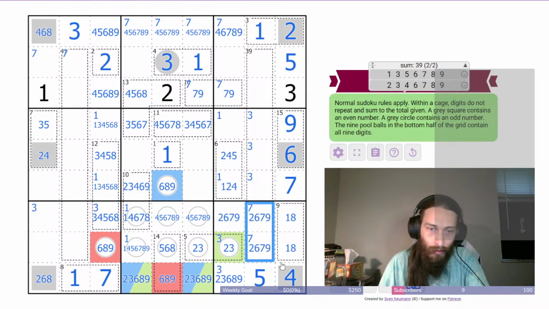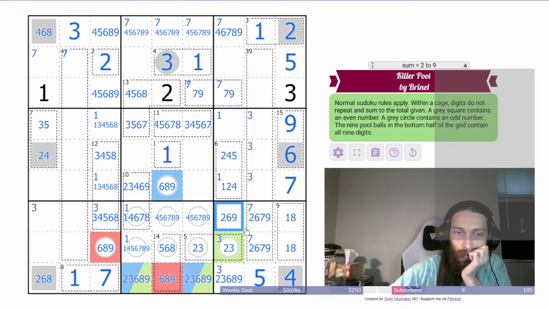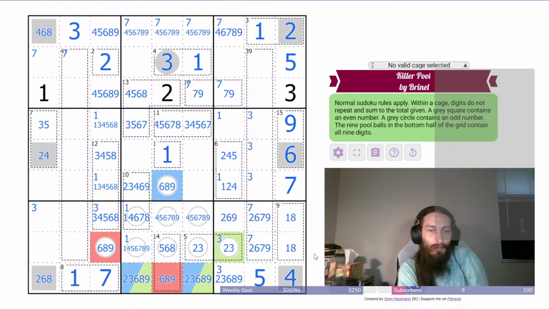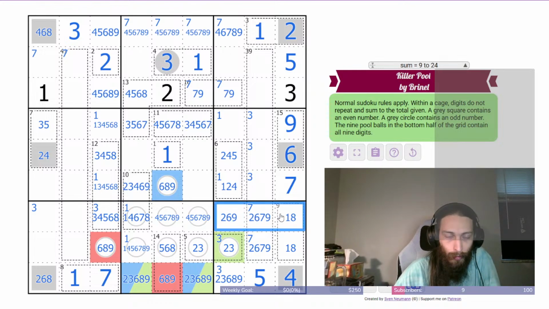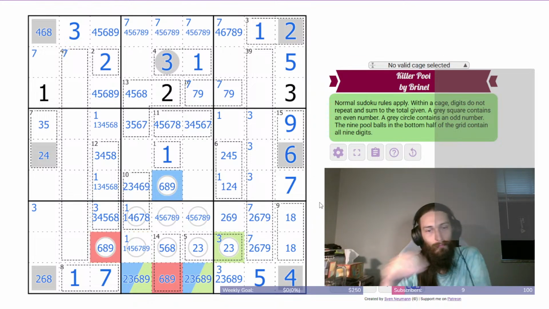Can't put a 3 in any of these. Oh, and this can't be a 7, because the 7's up here, forcing 7's down there. And red has to be across this top row, but that can be 6 or 9, that can be 6 or 9, and that can be 8, so that doesn't change red in any way. Right.